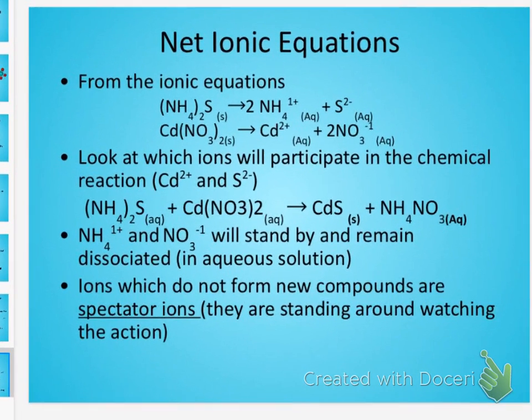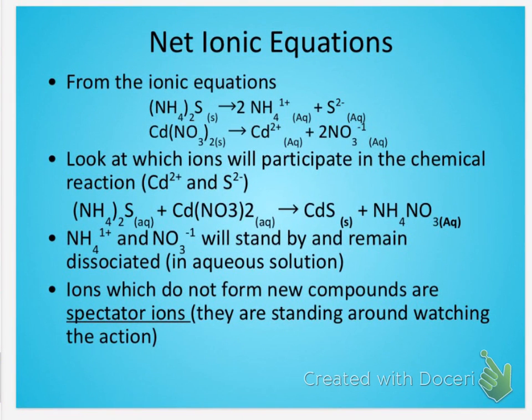So for a net ionic equation, you take the dissociation equations, you look at which ions are going to participate. You know that the ammonium and the nitrate stand out, stay dissociated. Those are the spectator ions. They just stand there looking. They don't do anything. They're kind of useless in the general scheme of this reaction happening.